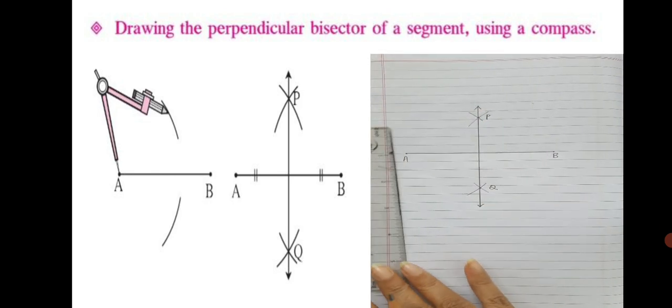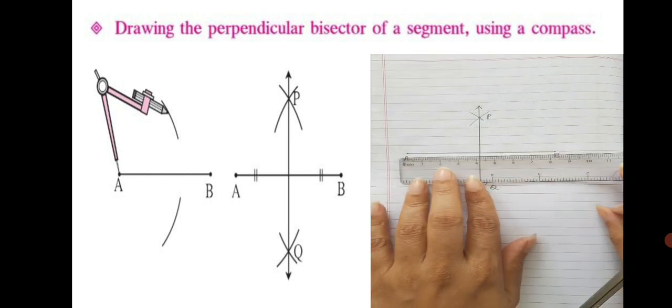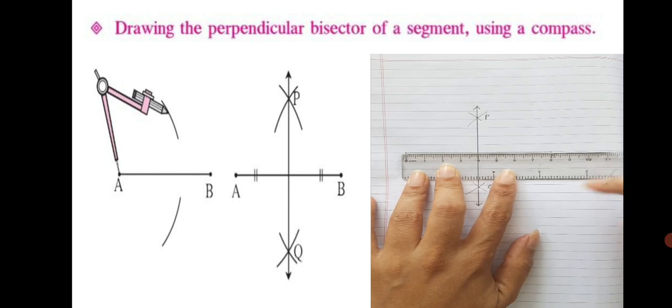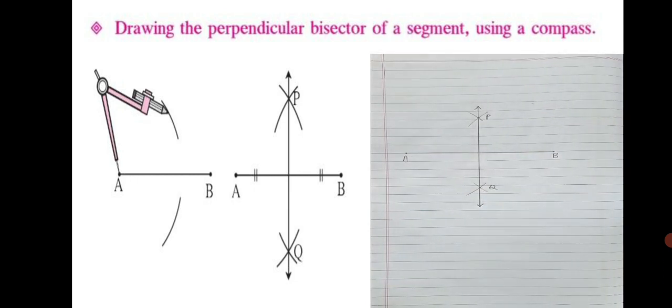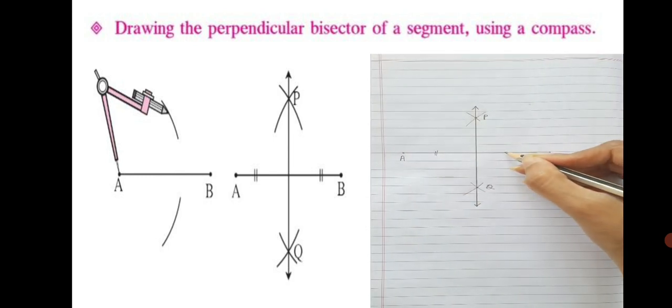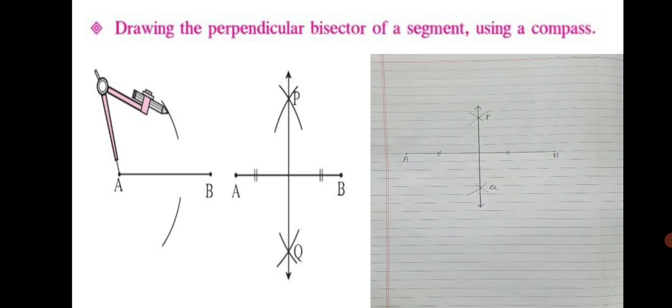You can verify it. How to verify? Use the scale and check whether the perpendicular bisector passes through 4, as half of 8 is 4. So yes, it is passing through 4. This tells us that both the sides are divided equally. The line bisects AB into two equal parts.